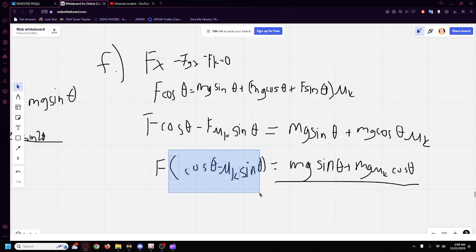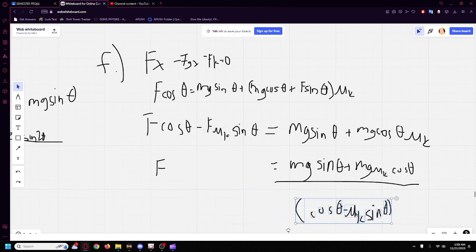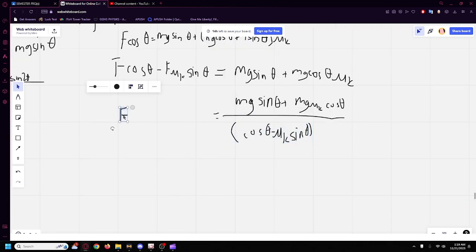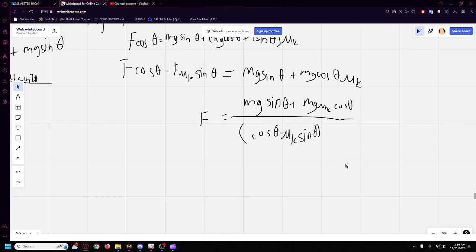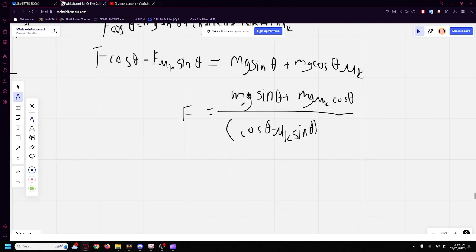I just have to divide this over, so F is equal to this.